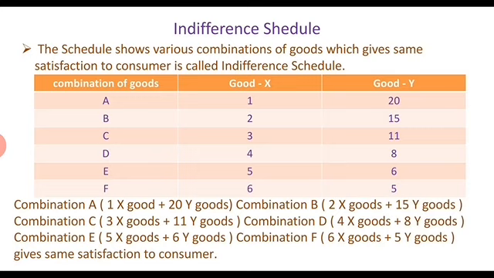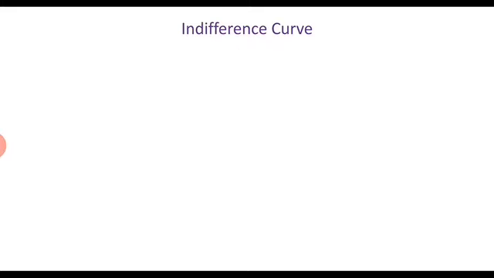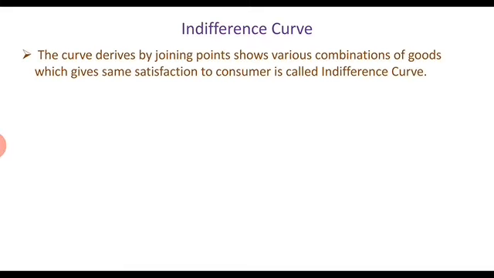In this indifference schedule, the combinations A, B, C, D, E and F give the same satisfaction to the consumer. Indifference curve: the curve derived by joining points showing various combinations of goods which give the same satisfaction to the consumer is called an indifference curve.